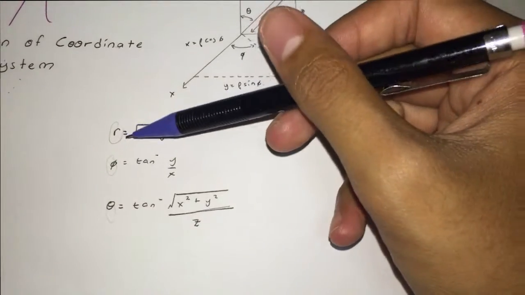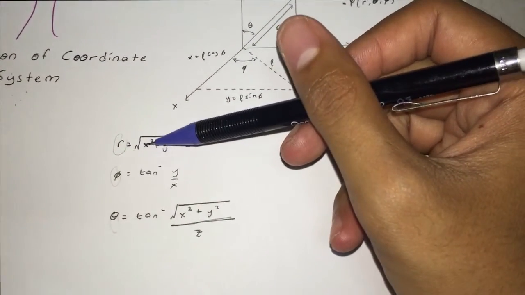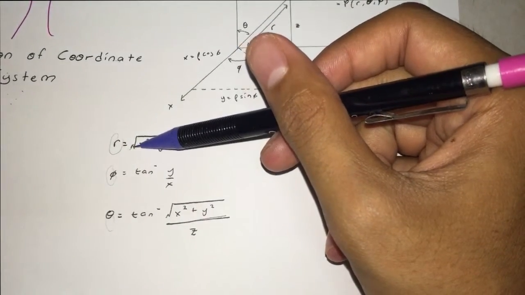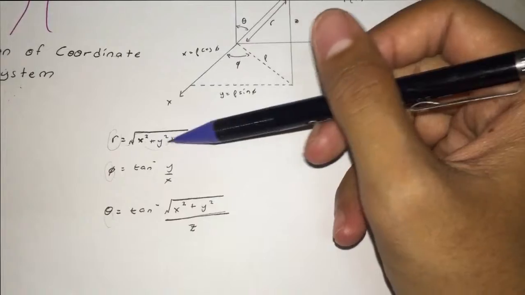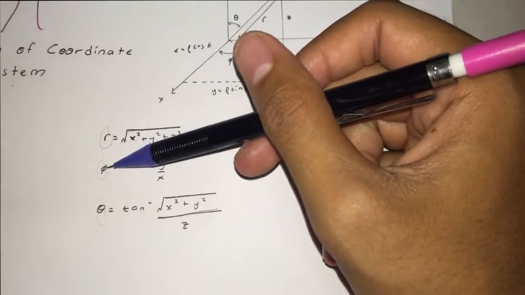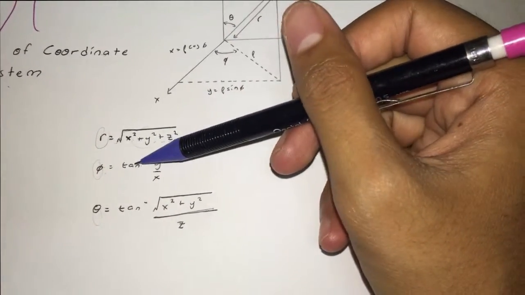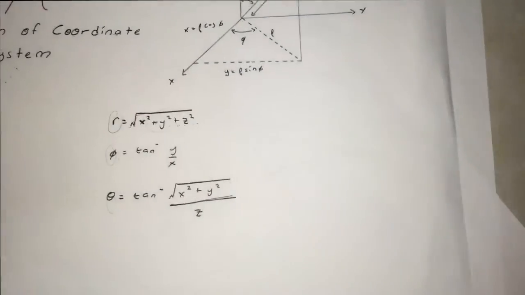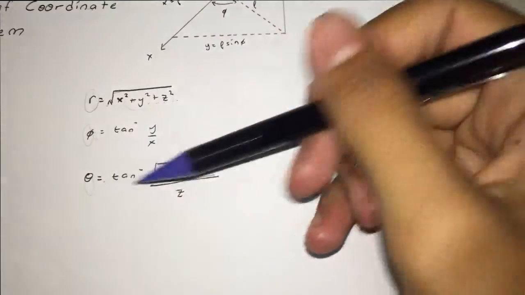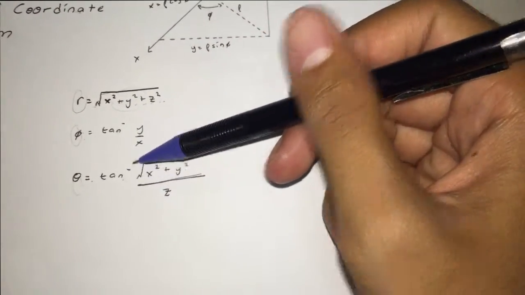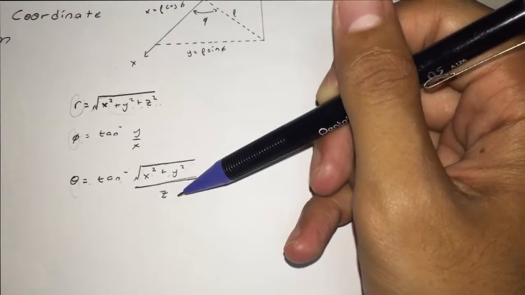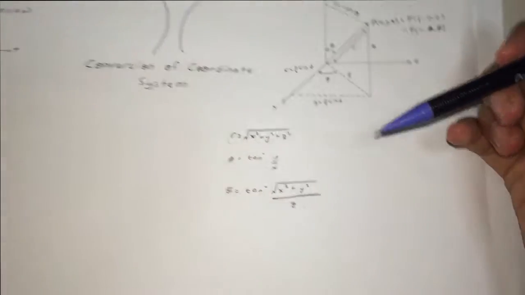So we can get r from the square root of x square plus y square plus z square, and we can get phi from this formula, that's the same as cylindrical to Cartesian, tan inverse y over x. And for theta, we can get it using tan inverse of the square root of x square plus y square, divided by z.